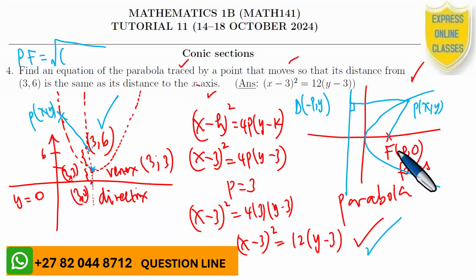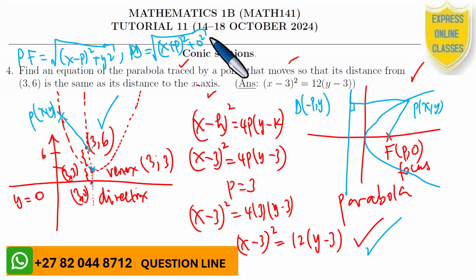It's going to be x minus p squared and then y squared. Then we find another distance between P and D. The distance between P and D is x plus p squared, and then 0 squared for the y.